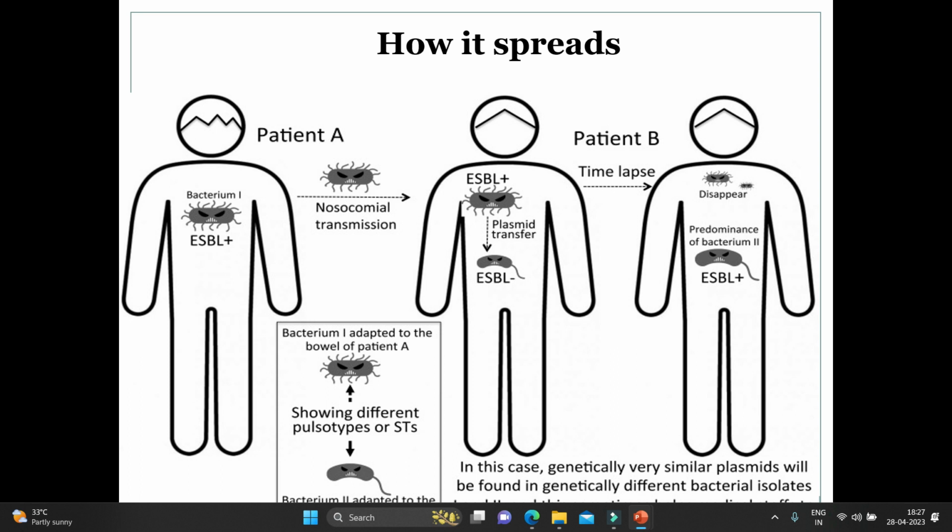When a person went to the hospital and came in contact with a healthcare professional carrying ESBL positive microorganisms, that microorganism was transferred to an ESBL negative patient, and the gene, or plasmid as we can see, was transferred from the ESBL positive to the ESBL negative person, and the same person became ESBL positive. So this is the main mechanism behind becoming positive for ESBL infection.